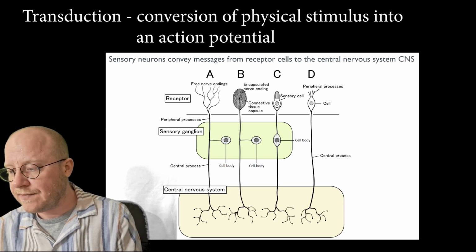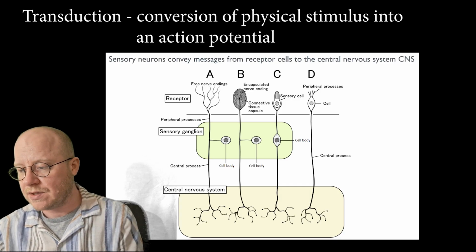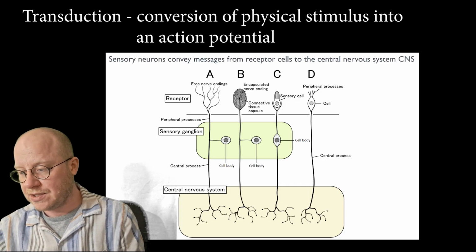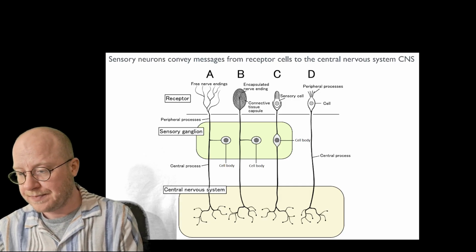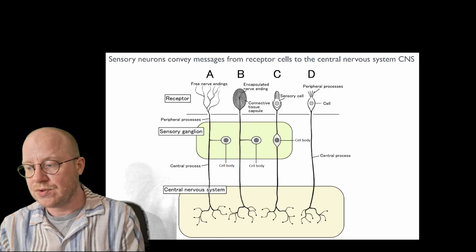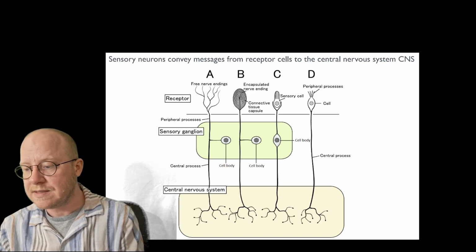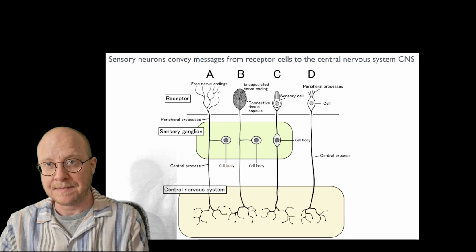Transduction is the conversion of a physical stimulus into an electrical signal called an action potential that is carried along a neuron. Each type of receptor is specialized to transduce one specific type of physical stimulus.